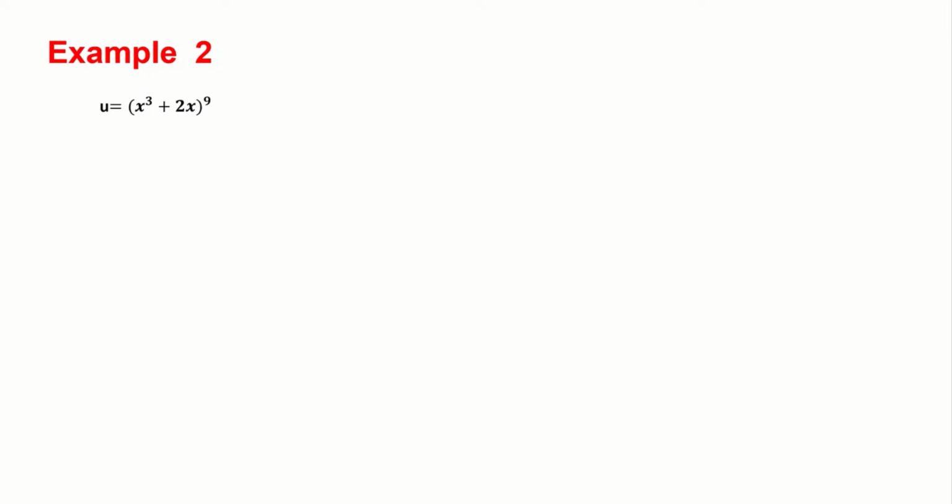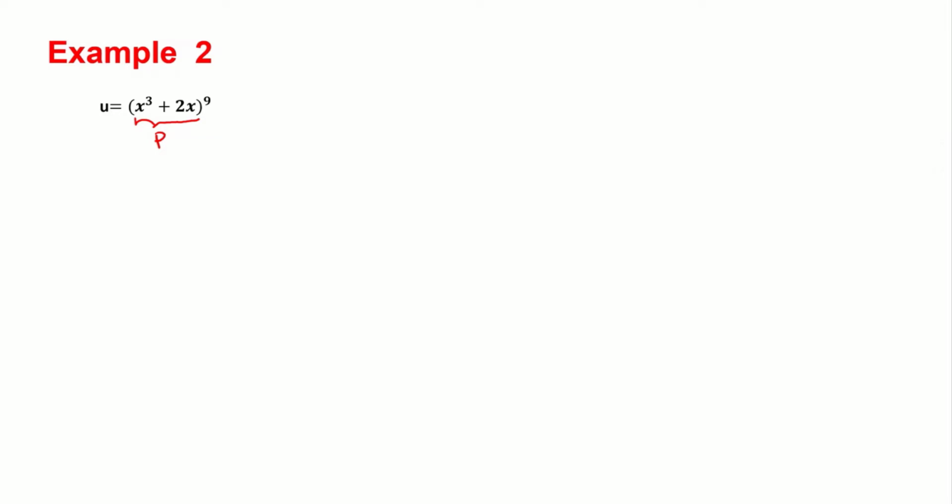Let's look at the second example here, and we want to use the same rule, which is the chain rule. For this one we have x cubed plus 2x to the power of 9. So the same rule applies here. First we need to take the derivative of the outside function, which is the power of 9 on the whole function. Let's call the whole inside function p.